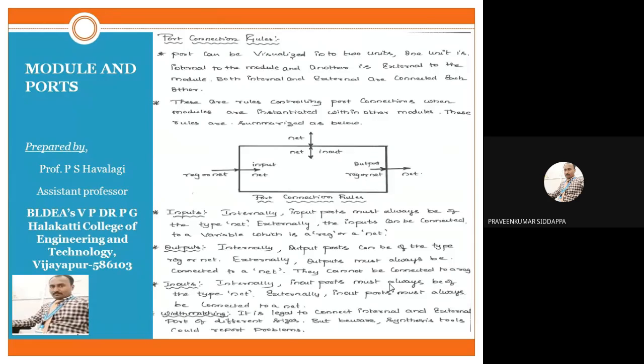But internally, for the same port, the internal input must be net data type. That should not be a register data type. Clear? Internally we are not storing the result.